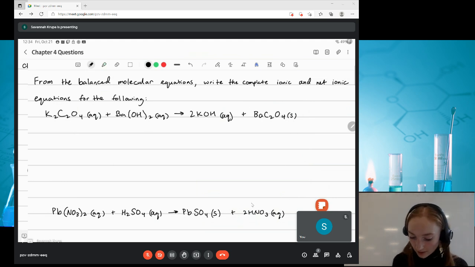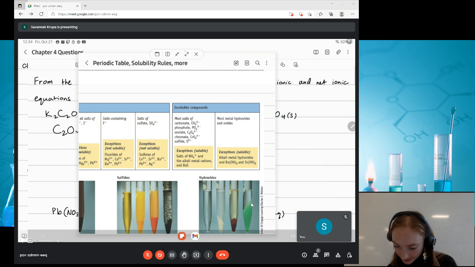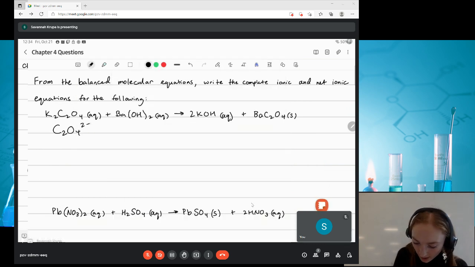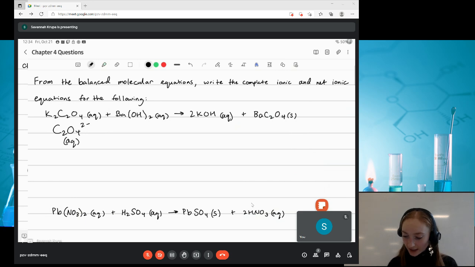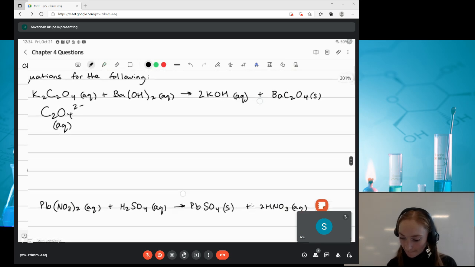Okay, so we have an oxalate here, C2O4, and from looking up the charge, it's a 2 minus, and it's in an aqueous state. I'm going to put the aqueous just below what I'm writing to save on space, because sometimes this gets lengthy. So that's what the oxalate looks like here.